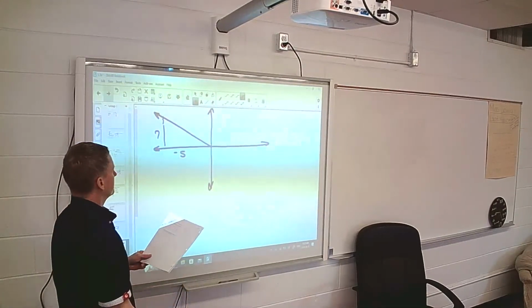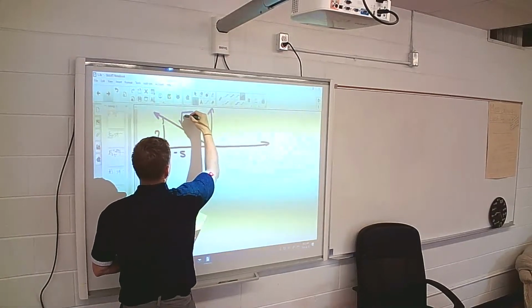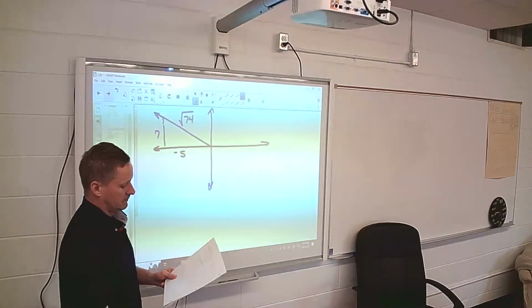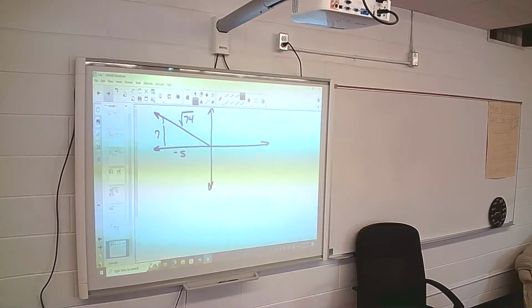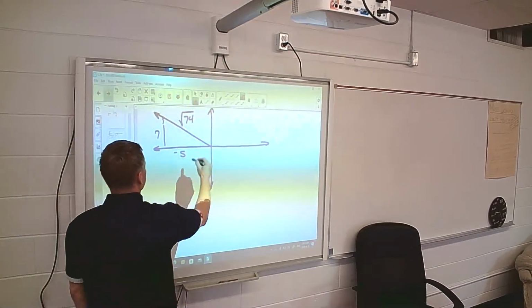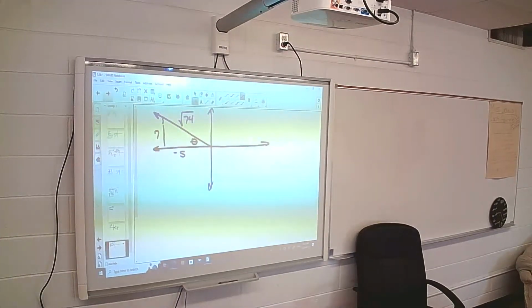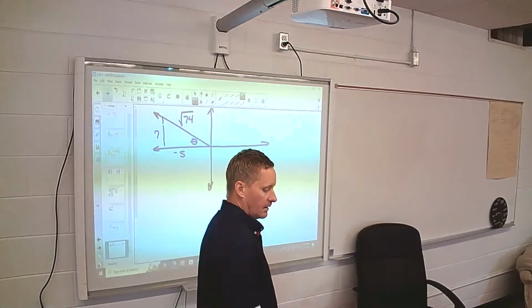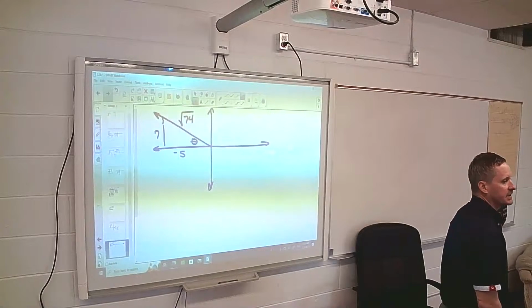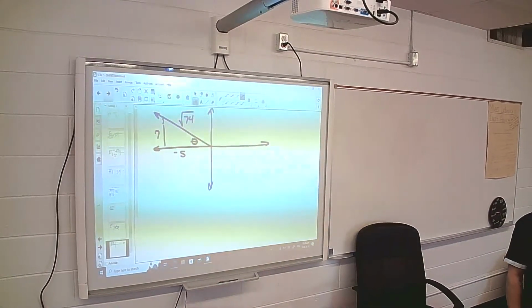All right. So I've got 25 and 49, which is 74. That means this is the square root of 74. What's the sine of theta? 7 over root 74. What's the cos of theta? Negative 5 over root 74. What is the tan of theta? 7 over negative 5.